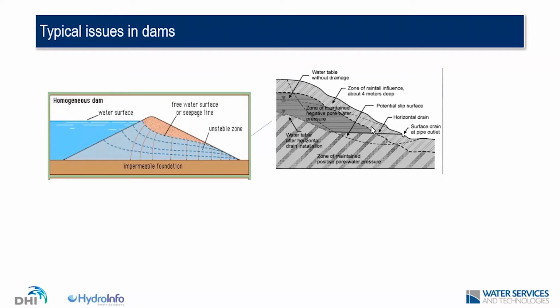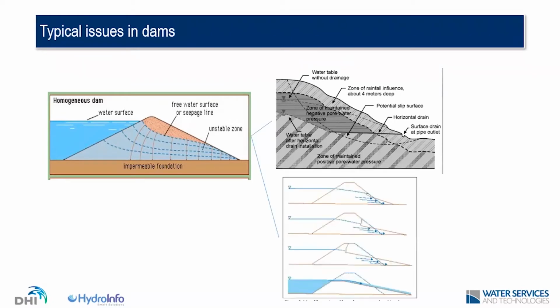So it can cause instability because of that. It can also cause instability because you have too much flow carrying materials and causing piping over time, and then causing a collapse of the structure.